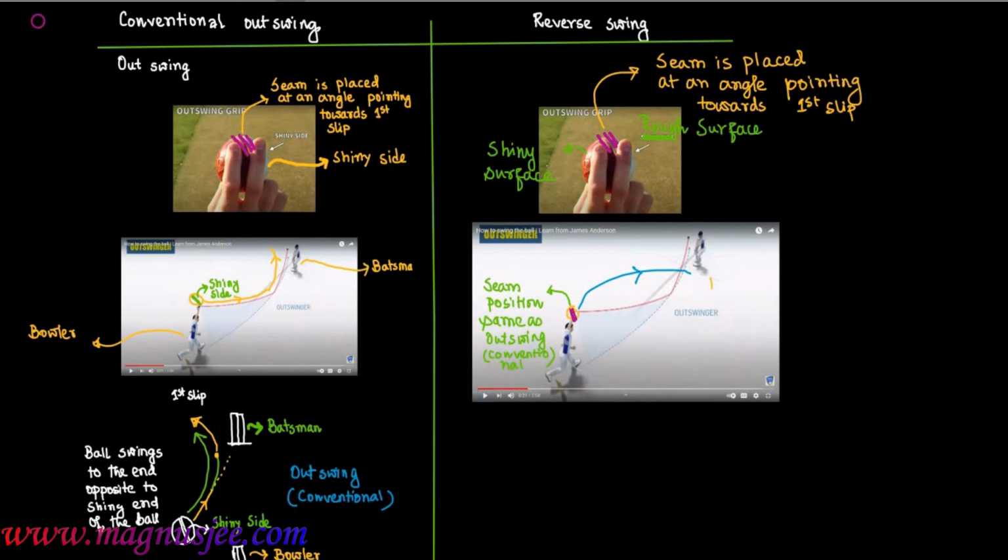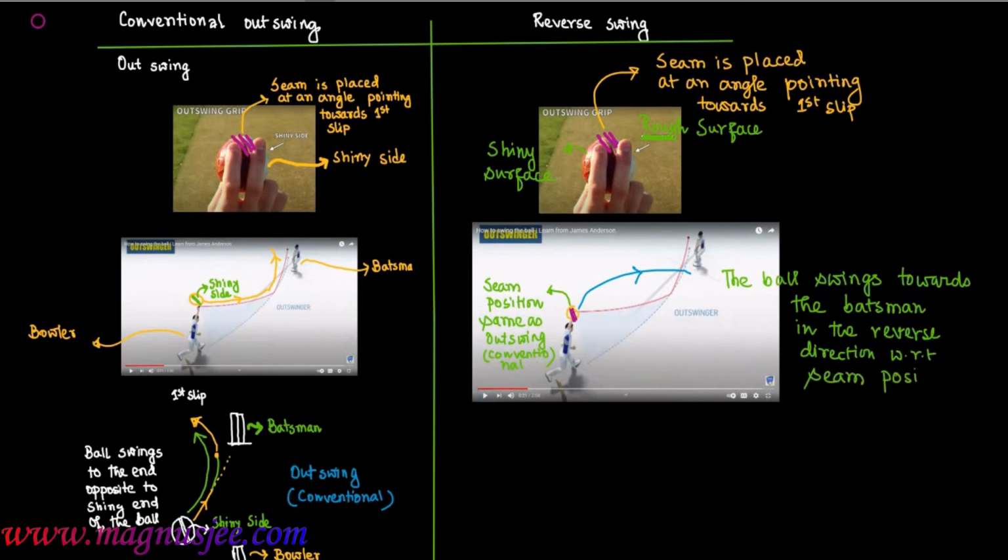That means apparently inswing occurs, though the seam is pointing towards the first slip. The ball swings towards the batsman in the reverse direction with respect to the seam position.